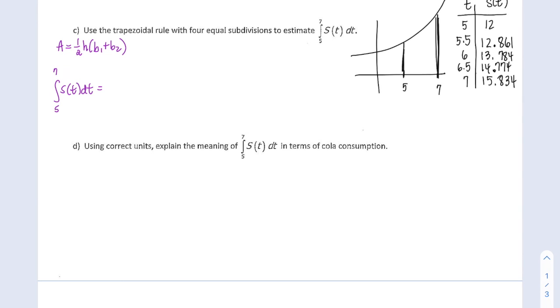So 4 equal subdivisions means if I went from a height of 1, it would be 2, so I'm going to do a height of 1/2. Notice on my table here, I have used the table function in the calculator to find the value of S of t at 5, 5.5, 6, 6.5, and 7, because all of those values correspond to a height of one of the bases in our trapezoids.